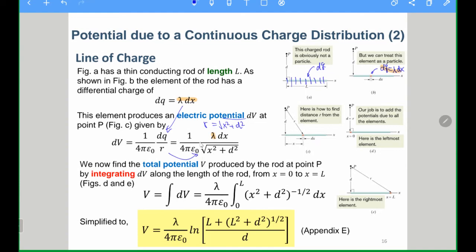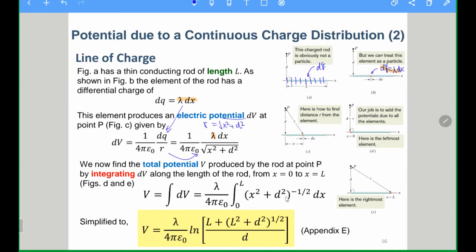Here we need to do this integration, because lambda and these other terms are constants. The total V generated by the whole bar will be lambda over 4 pi epsilon naught, and then the integral of dx over the square root of x squared plus d squared, which is x squared plus d squared to the negative 1/2 power dx.